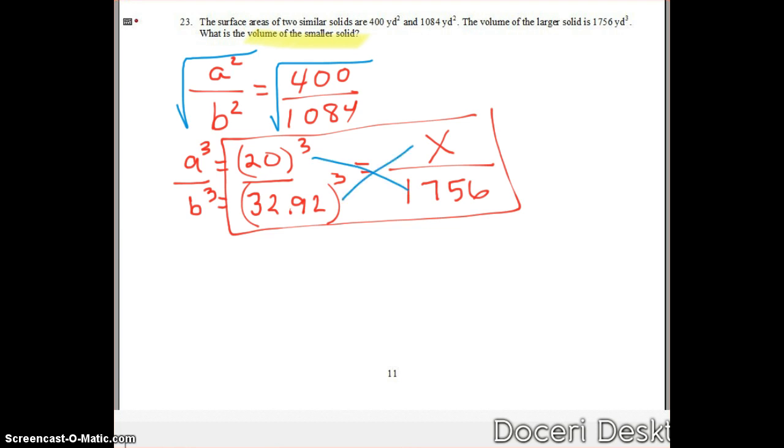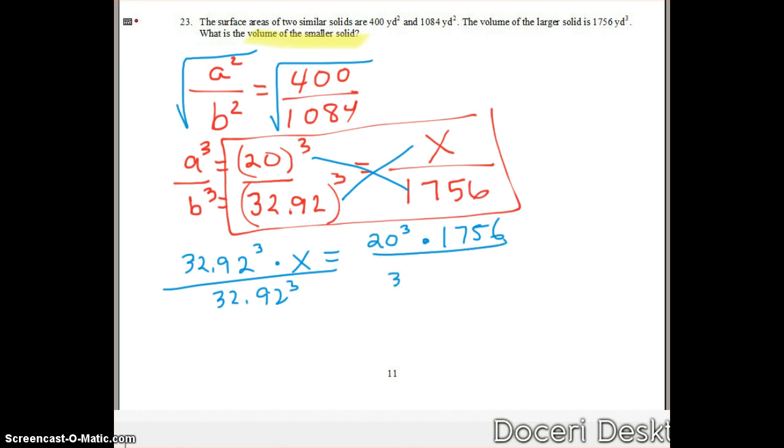I have 32.92 cubed times x is equal to 20 cubed times 1756. Then if I divide by that 32.92 cubed, that'll give me x, which would be the volume of my smaller figure. And that answer is 393.8 centimeters cubed.